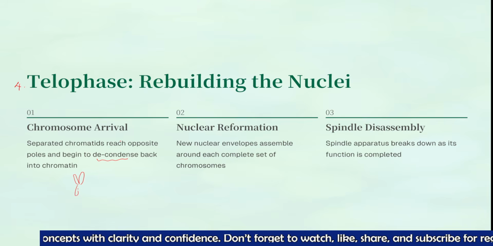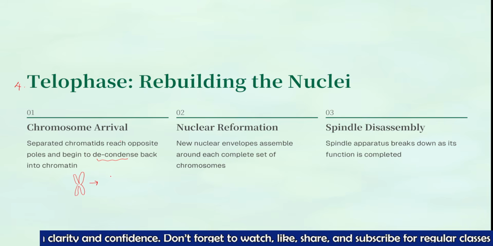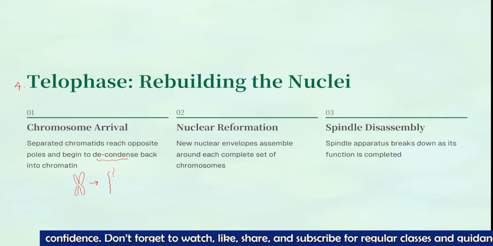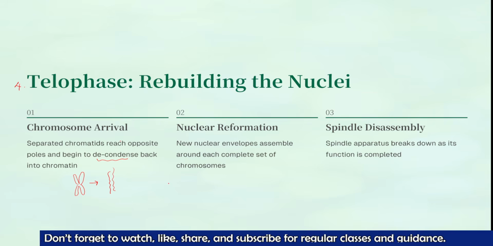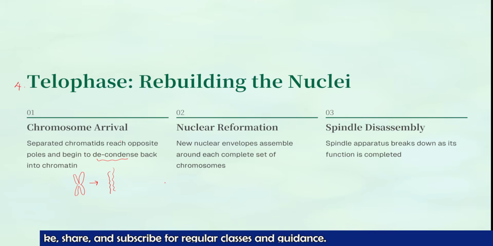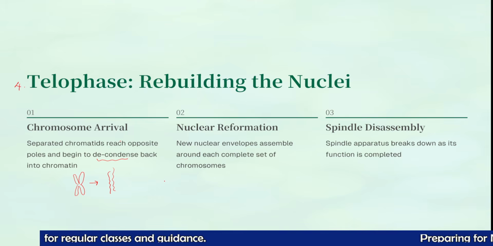The thickened chromatids decondense into chromatin threads. In the prophase, there was condensation from chromatin to chromosome. Here in telophase, there is decondensation of the chromosome to chromatin.